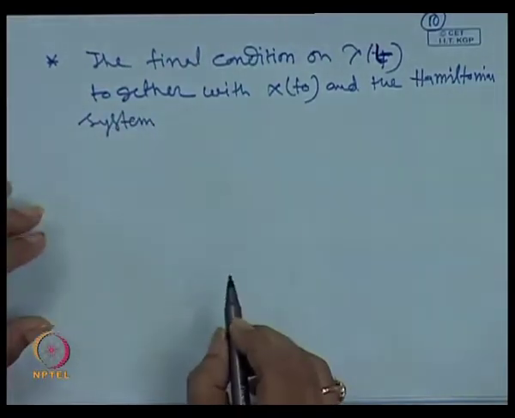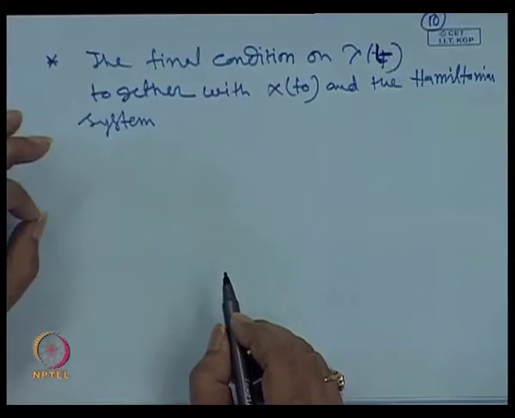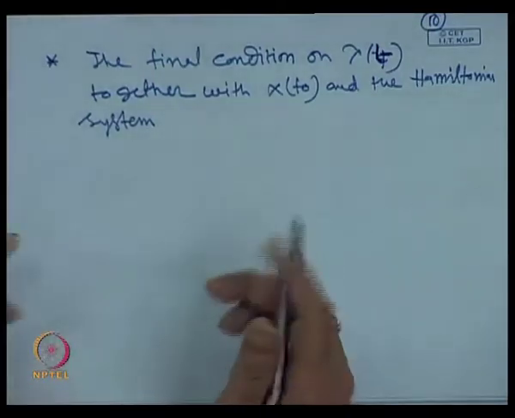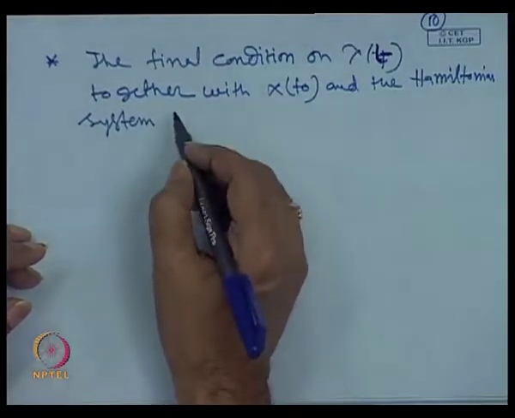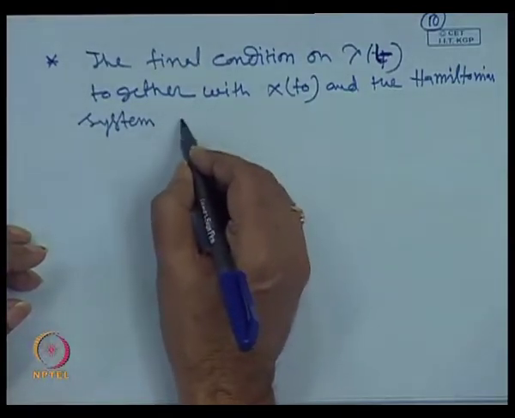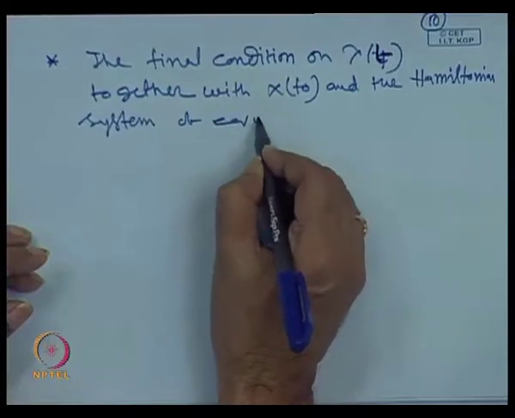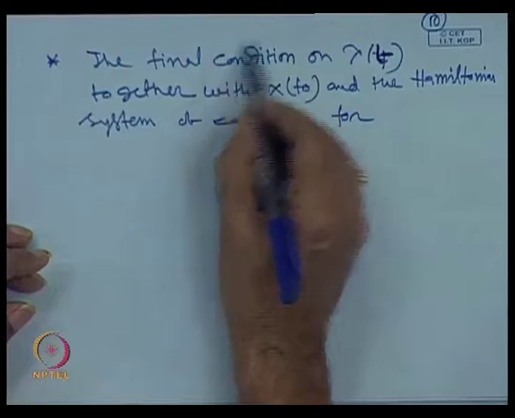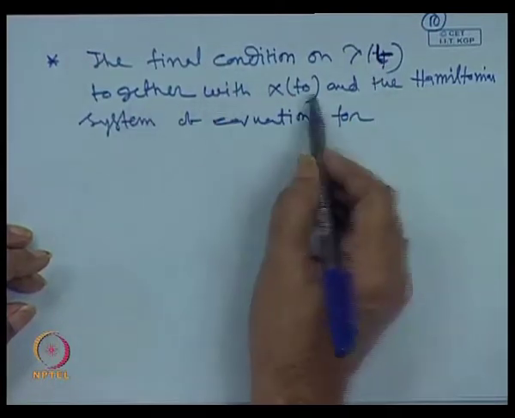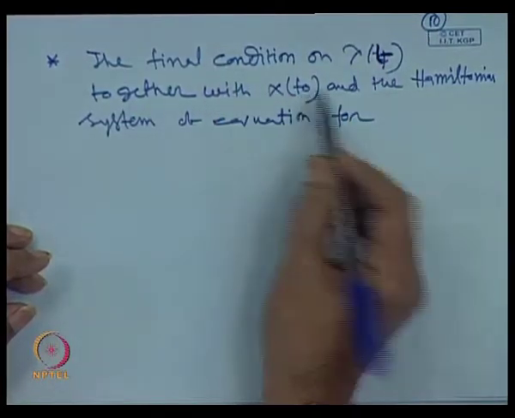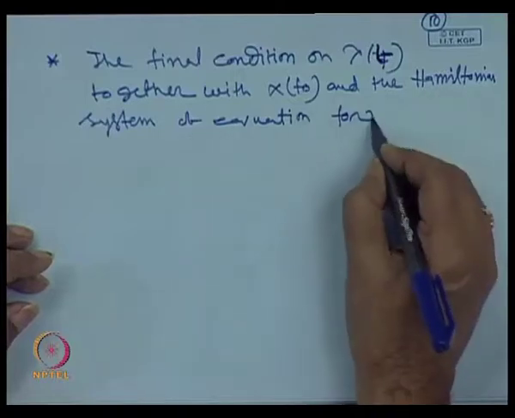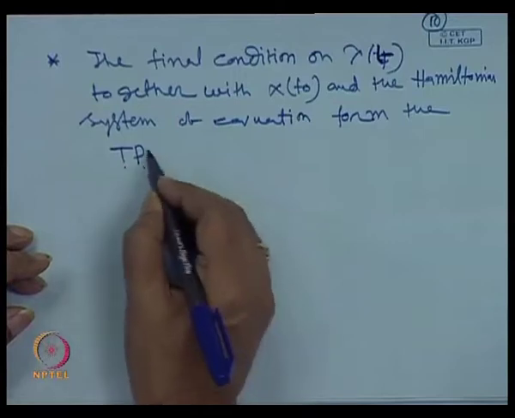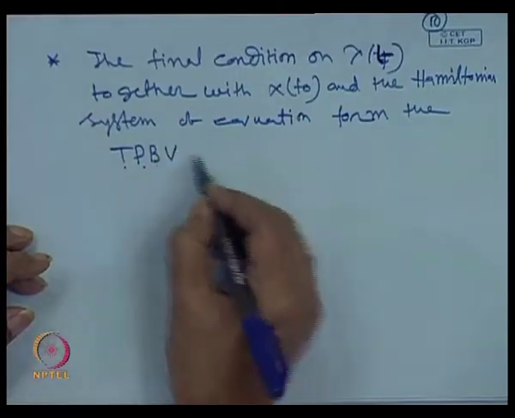What is the Hamiltonian system? X dot of t and lambda dot of t, that expression, the augmented system, is the Hamiltonian system of equations. That means the final condition on this, together with x t 0, the initial condition of the state, and the Hamiltonian system, form the 2-point boundary value problem.